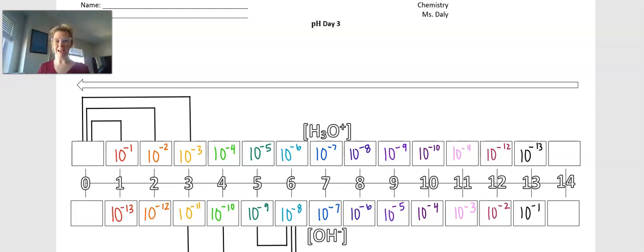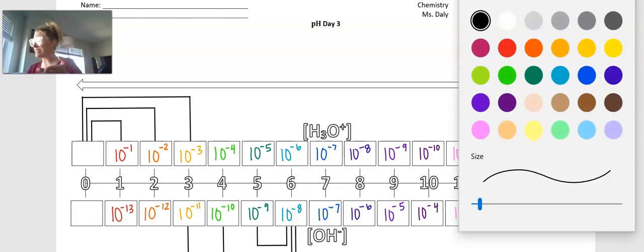Now, we haven't actually in class or in any of our Edpuzzle videos talked about a pH of 0 or a pH of 14. So we can figure this out, at least for the hydronium concentration, as 10 to the negative 14 for a pH of 14. I'm going to put this in, maybe in this gray color.